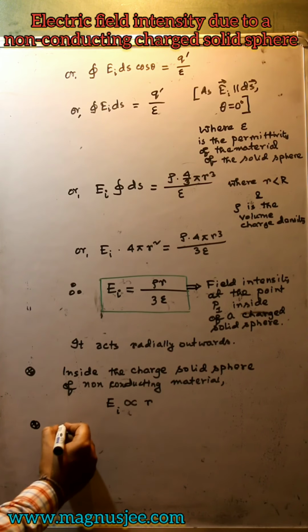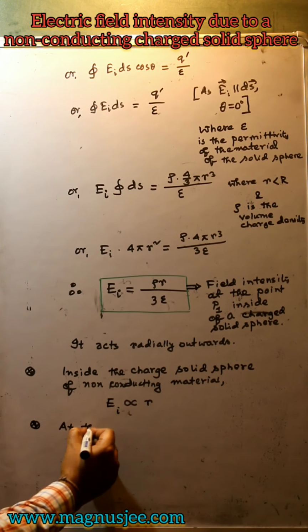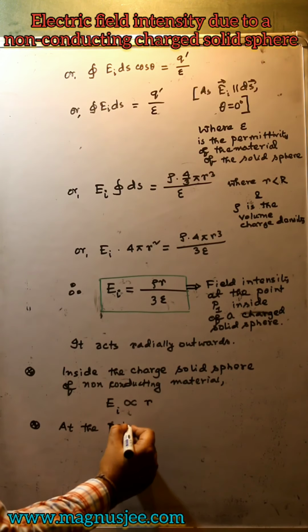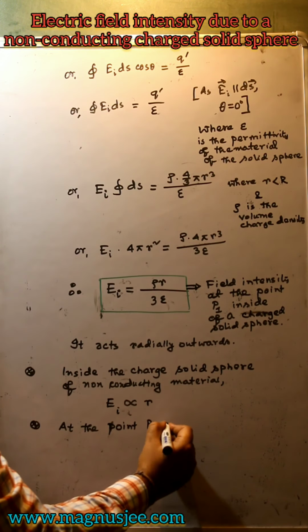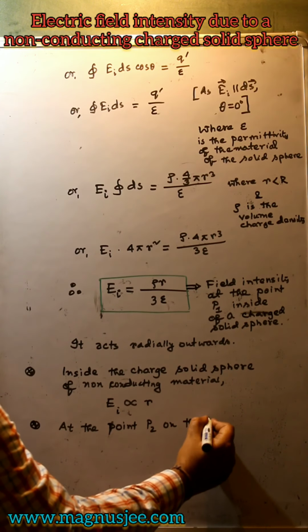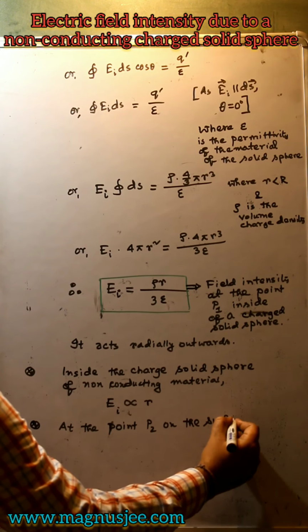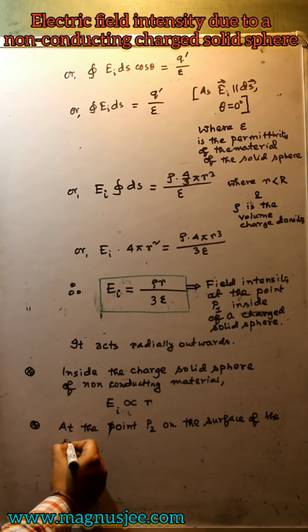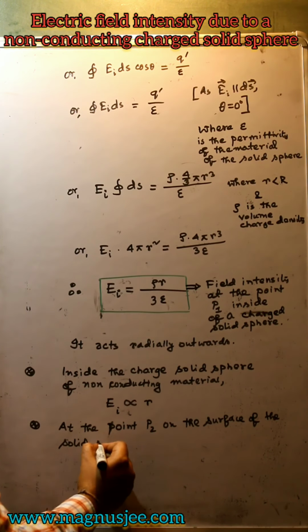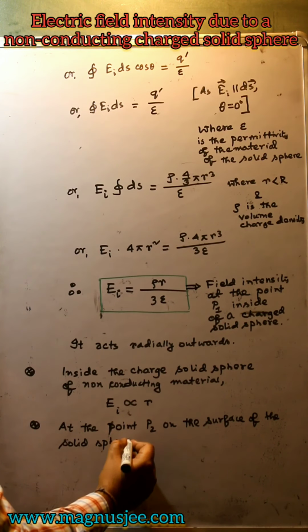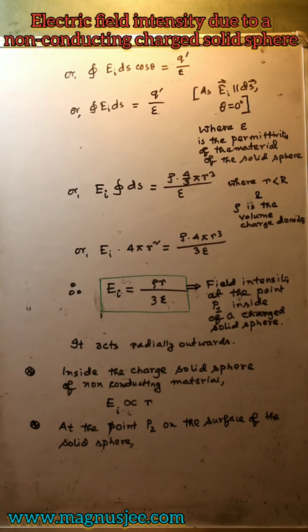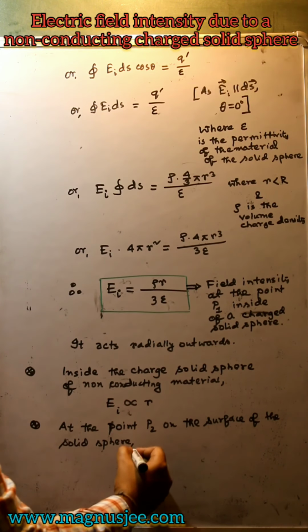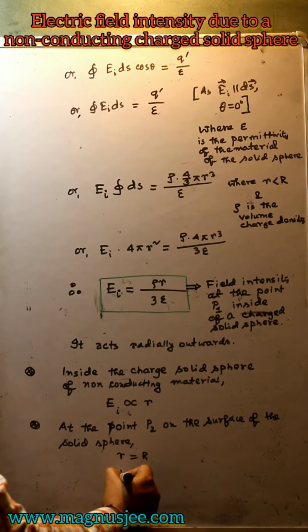And at the point P2 on the surface of the solid sphere, small r is equal to capital R. So what will be the field intensity?